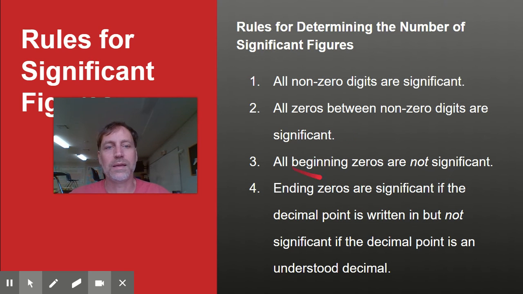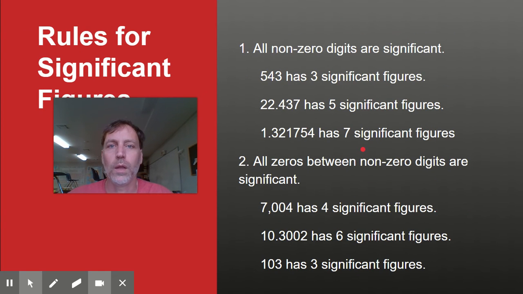And then all beginning zeros are not significant. I'll give you some examples of this in a minute. And then ending zeros are significant. This is the crazy one. Listen up here. All ending zeros are significant if the decimal point is written, but not significant if the decimal point is understood or it's not there. Okay, so here's some examples here.